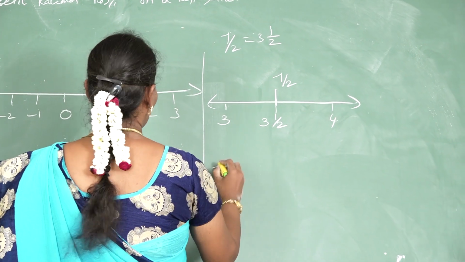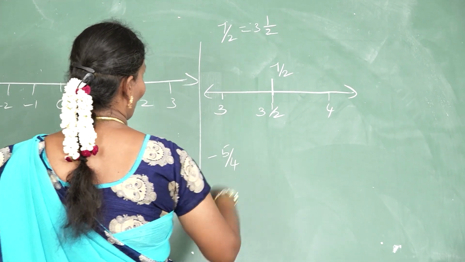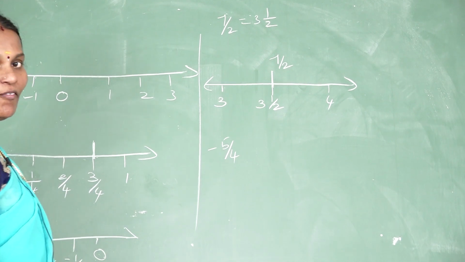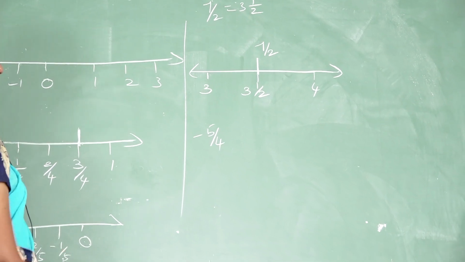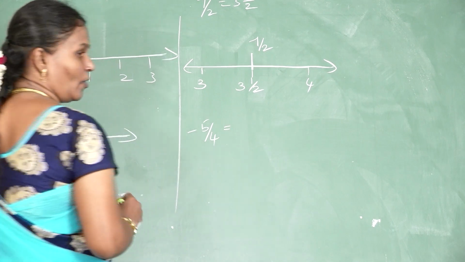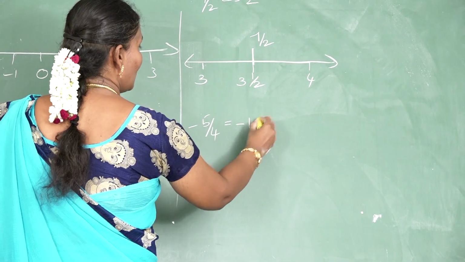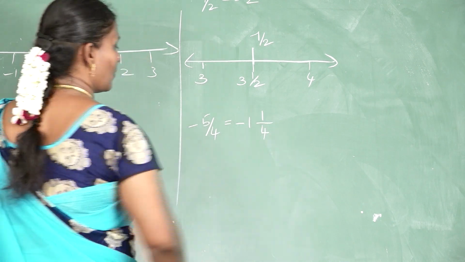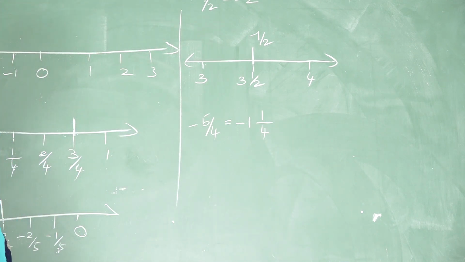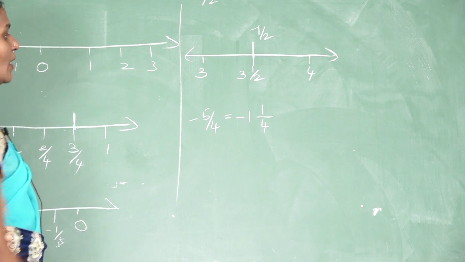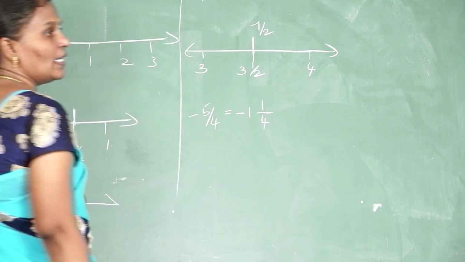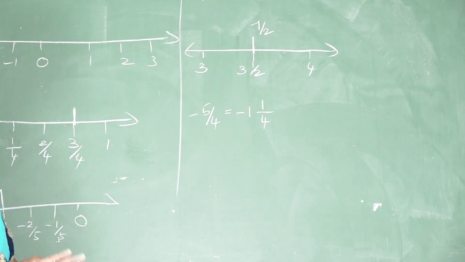See minus 5 by 4. Minus 5 by 4. So see this minus 5 by 4. How can you write it? Minus 1 1 by 4. Am I correct? Minus 1 1 by 4. Okay. This number lies between minus 1 and minus 2.